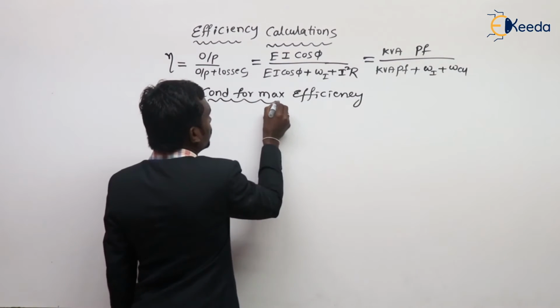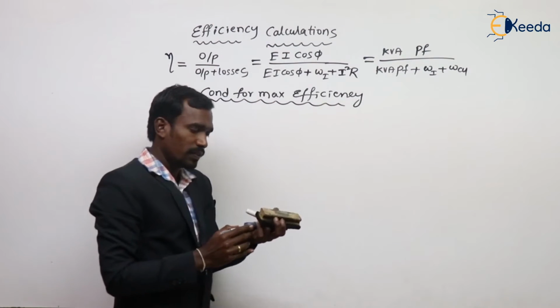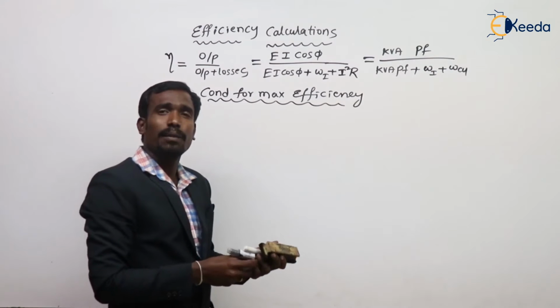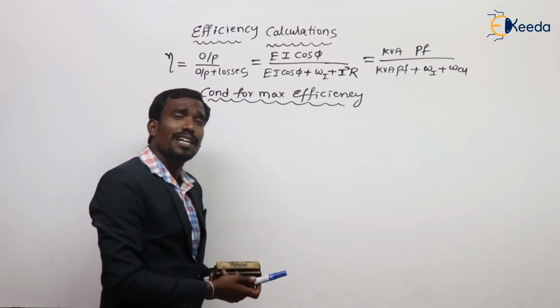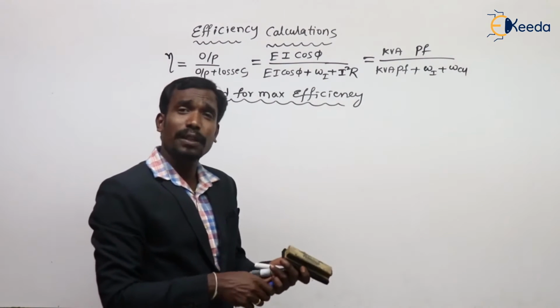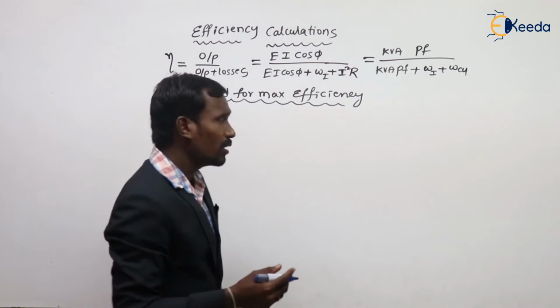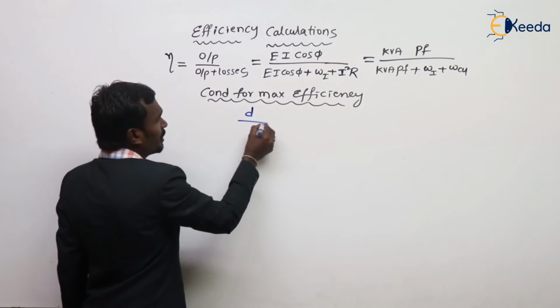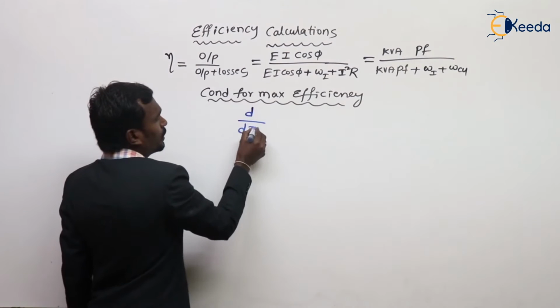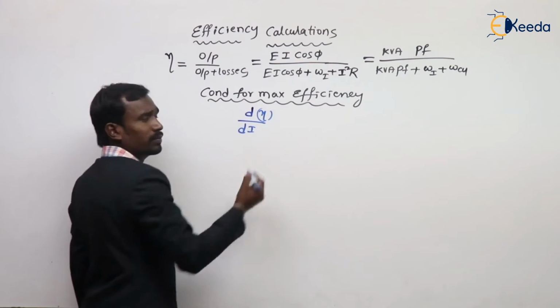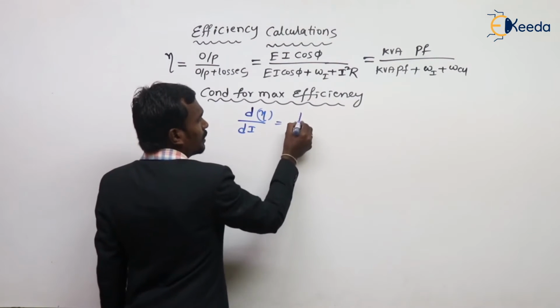Condition for maximum efficiency. We know that to get the maximum value, we differentiate the equation with respect to the variable.